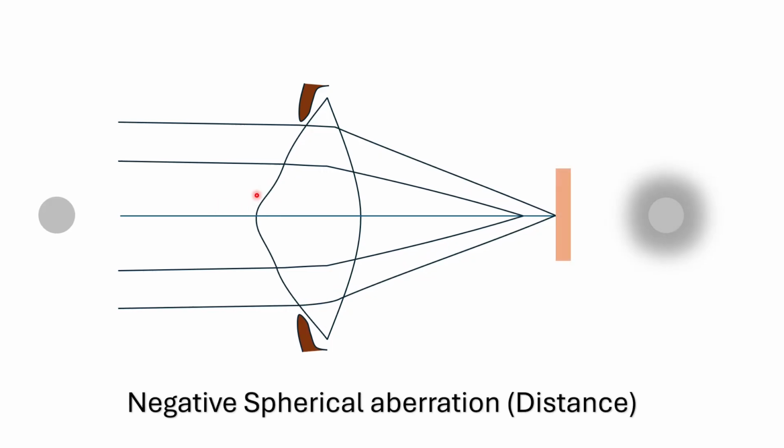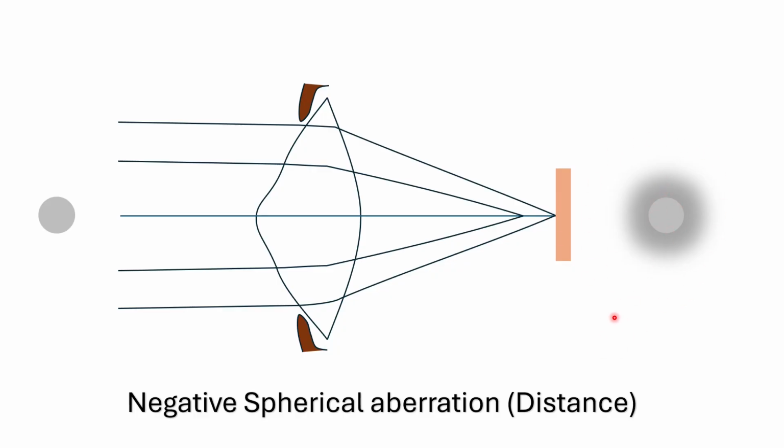What if we make the central part even more curved? In that scenario, the central rays are going to focus nearer and the peripheral rays are going to focus far away. Again in this situation there will be some element of the light energy, traveling through different points of the lens, getting focused either in front or at the back, and as a result the image is again a central image with a halo around it.